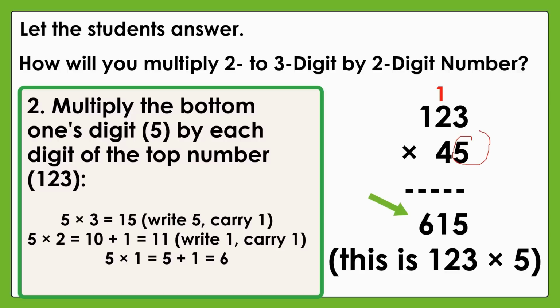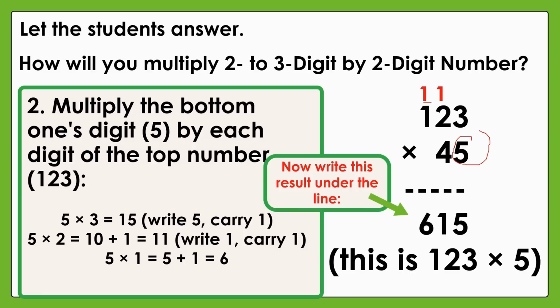Write 1, then carry 1. 5 times 1 is equal to 5 plus 1 is equal to 6. Now write the result under the line. So therefore, 123 times 5 is equal to 615.